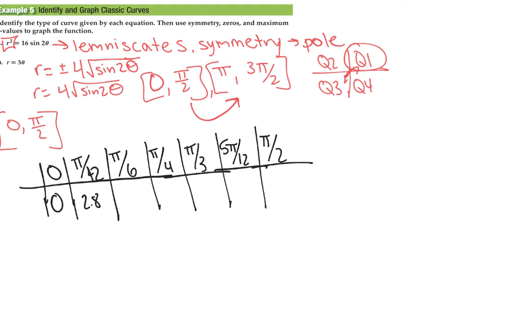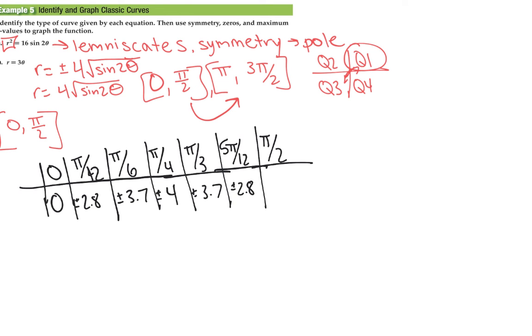You'll get 2.8, which means plus and minus 2.8, because that gives you the mirrored direction. Then you'll get 3.7, plus or minus 3.7. Pi over 4 will give you 4. That is our maximum. Then we get 3.7 again, plus or minus, then plus or minus 2.8.